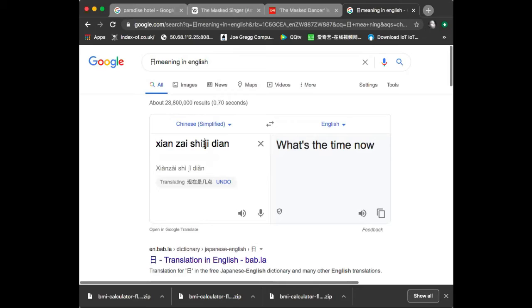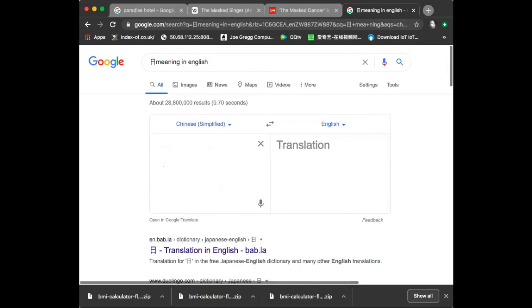If we remove the 是, we get what time is it now? So the meaning is still the same, but the other one is slightly longer. So you use whichever works for you. Let me just do the 3 ways together, and then you see.